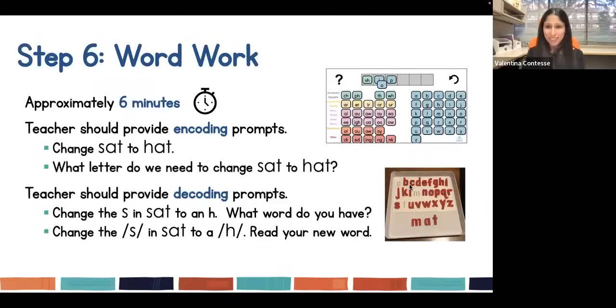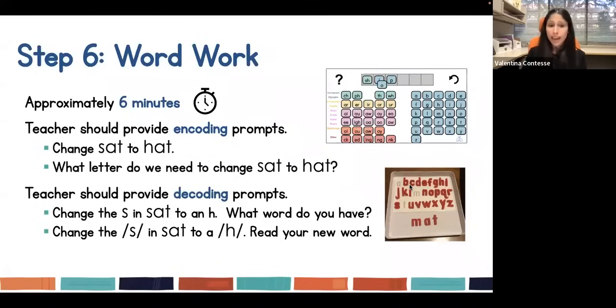Our goal, especially at the beginning of the year, would be to at least get to 10 words from these word chains. Again, this is a really important step of the lesson because they are applying this new concept, again, with both encoding and decoding. So shoot for at least 10 of the words in the word chain. But of course, if you can fit the entire word chain within the 6 minutes, that's even better.